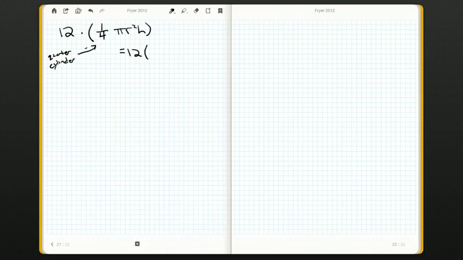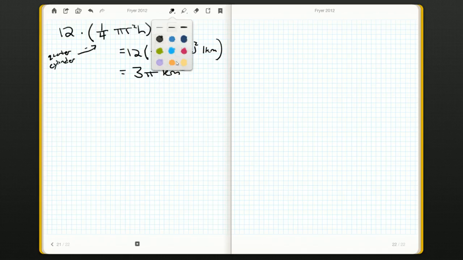That's going to be 12 times a quarter pi, 1 kilometer squared times 1 kilometer. And that's going to be 3 pi kilometers cubed. Right? We've accounted for the 1/4. Now, in the next one, we're going to need to make sure we account for the fact that they are eighth spheres.